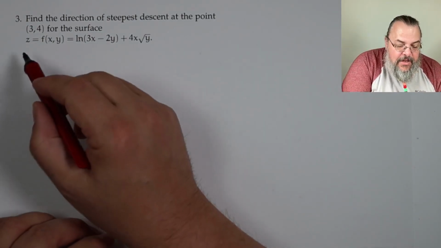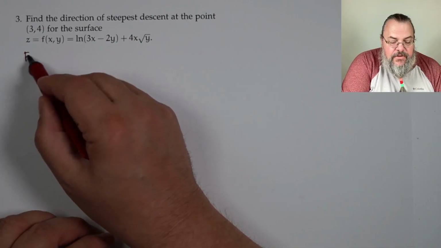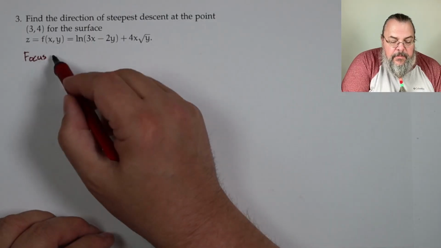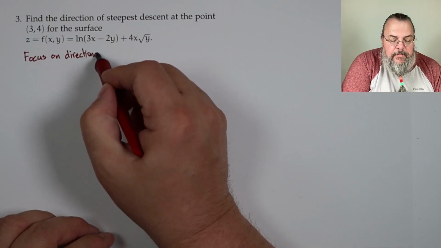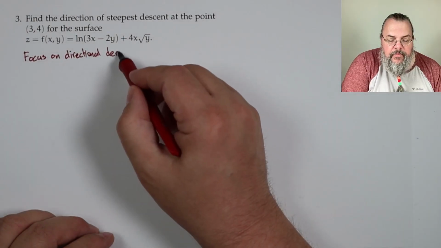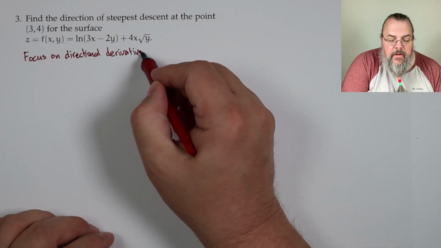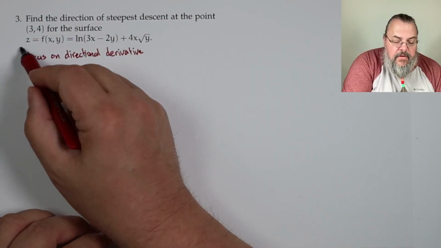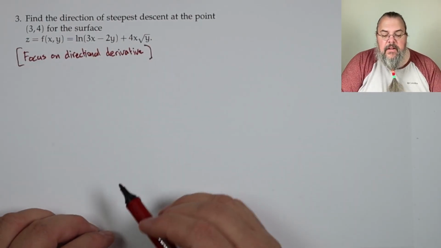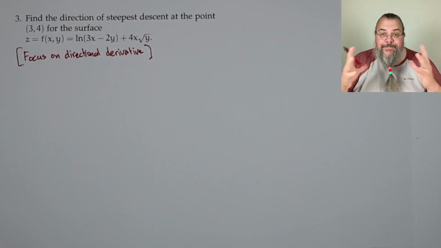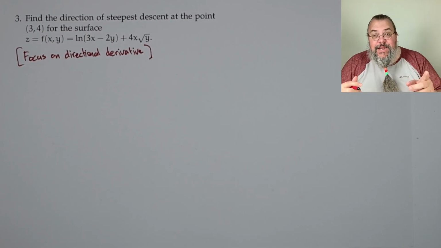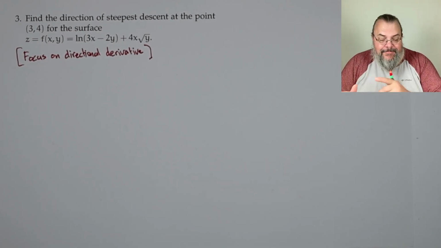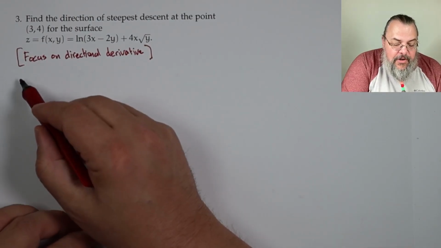We need to focus on directional derivatives. We'll get to this in a second here. We'll make this a little side comment. And now, if we're doing directional derivatives, that means gradient. So let's start with our gradient.